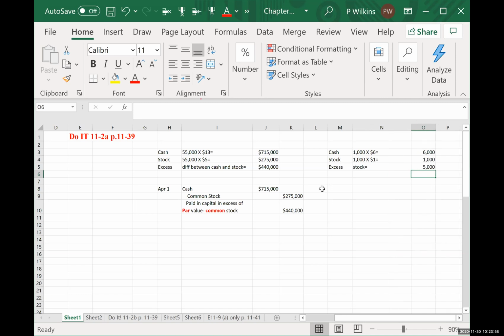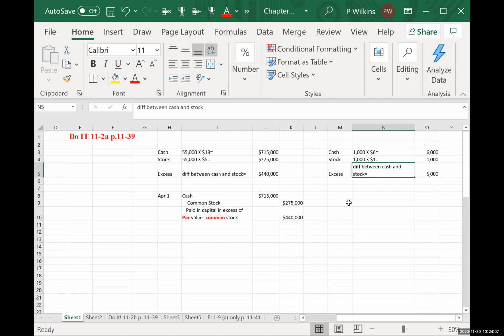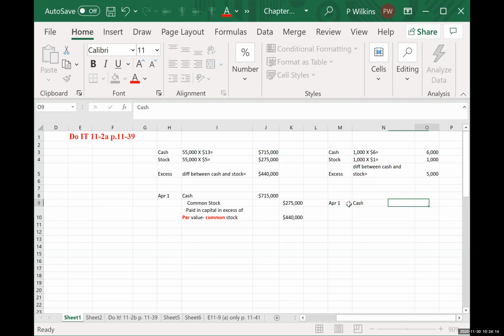Okay. I don't know why it's not showing the whole thing there. Okay. So, April 1, we are going to debit cash, $6,000. We are going to credit preferred stock. Right? Oops, spelled that wrong. Preferred stock.